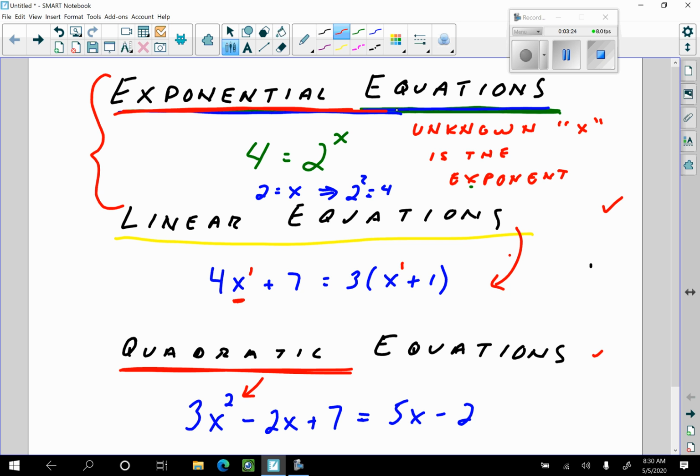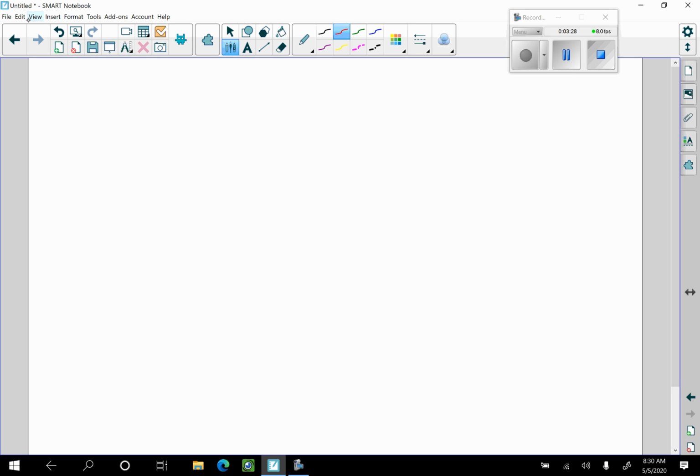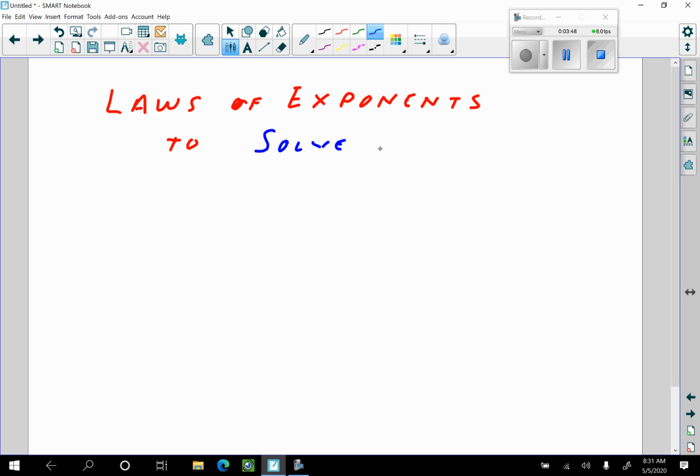And we have been using laws of exponents. I'm not going to repeat these laws because you should have them in your notes. We're going to use the laws of exponents to solve exponential equations.